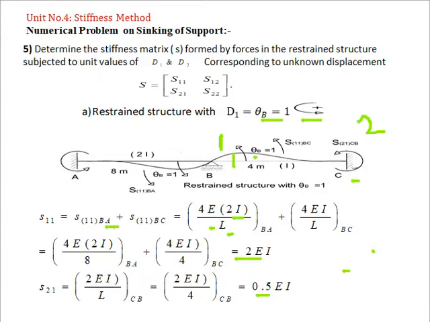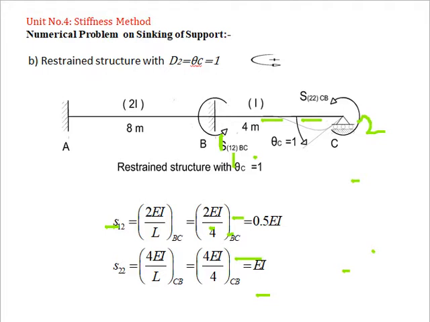Then we move toward the calculation of the second column of the matrix, and for that we apply the unit rotation along theta C equal to 1. So we get that unit rotation as 4EI by L, and by putting the value with respect to the span, we have EI value for S22. This is the second coordinate and this one is the first coordinate.